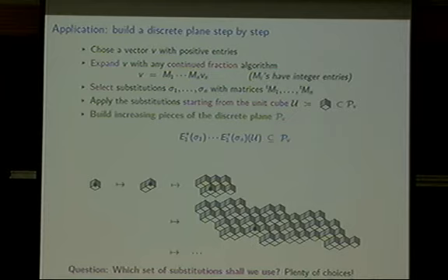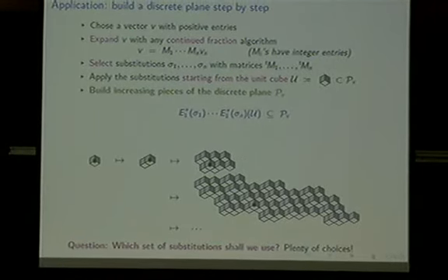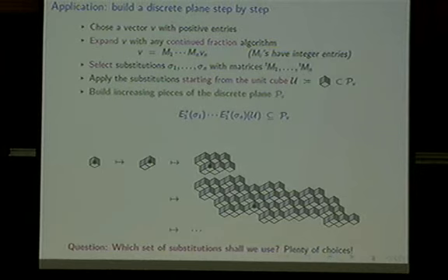So what we obtain: we start from the unit cube, and we apply the first substitution corresponding to the first matrix, and the second, and the third, and so on. And what is really nice is that by doing this, we build increasing pieces of the discrete plane we are looking for, just by looking at these pieces. So I apply my process, and I start from this.